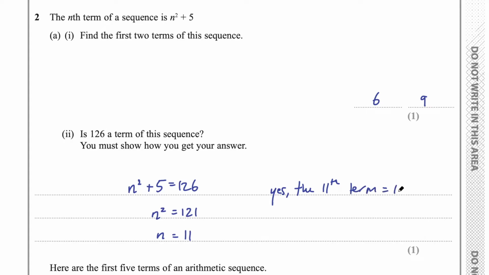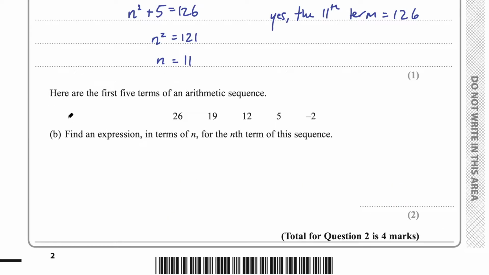For 1 mark. Part B says here's the first 5 terms of an arithmetic sequence, 26, 19, 12, 5, minus 2. Find an expression in terms of n for the nth term of this sequence. So one way to do this is just find the difference between each term. So 26 to 19, we've taken away 7, and 19 to 12, we do the same thing.